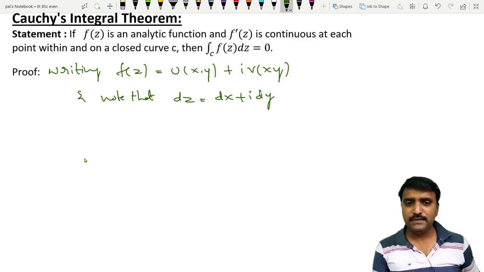I am writing this because I need to find f of z into dz. To get f of z into dz, we have to consider f of z and dz first.